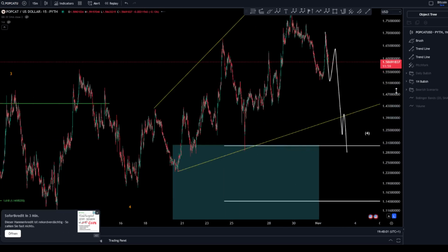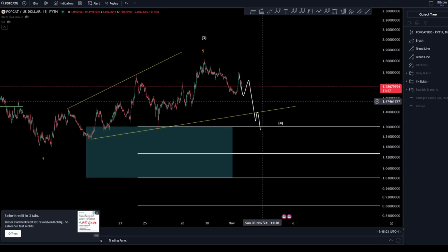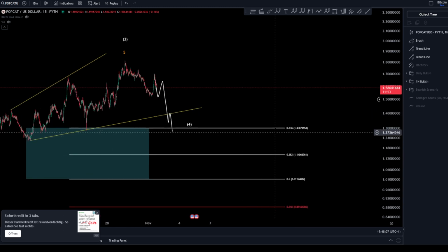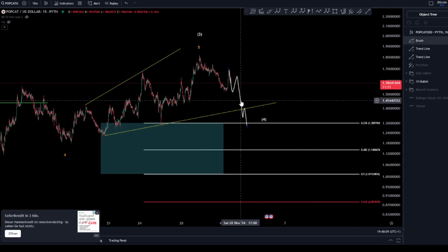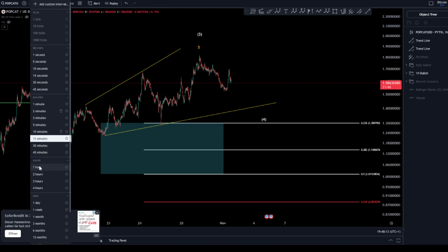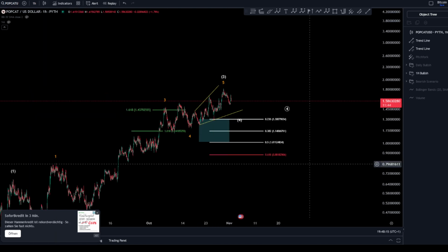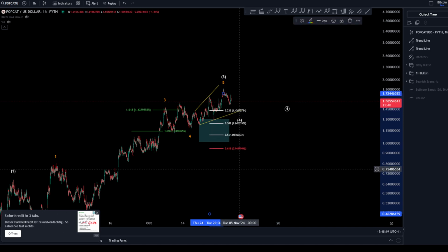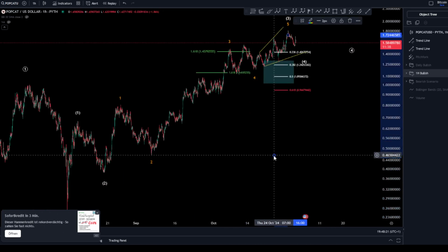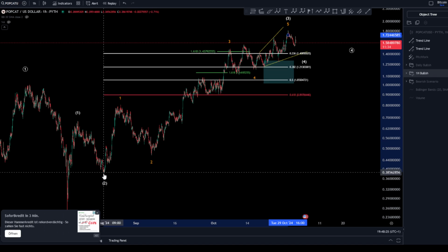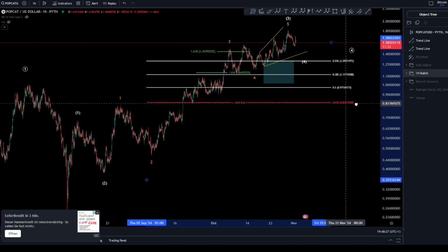Now that might bring us, of course, to a lower price, and we might hit the 0.23 fib level. In that case scenario, of course, let's check if these fibs are taken right. Yeah, this is what I expected. Those are old fibs, so let's adjust. We are talking about wave 4 in the white scenario. Here we go.